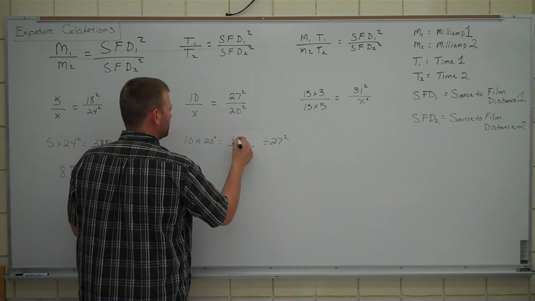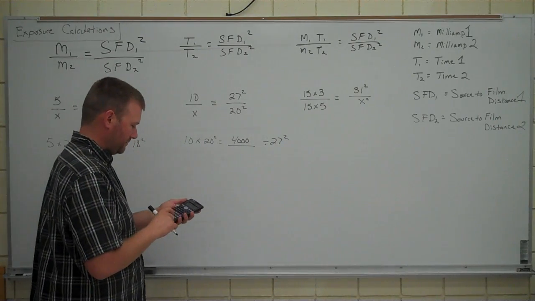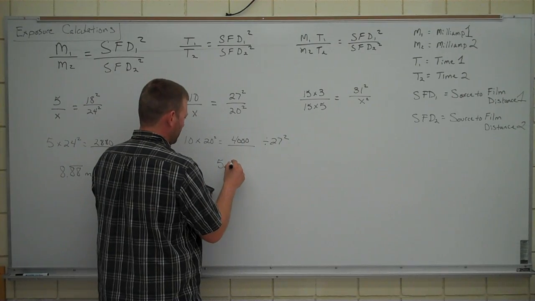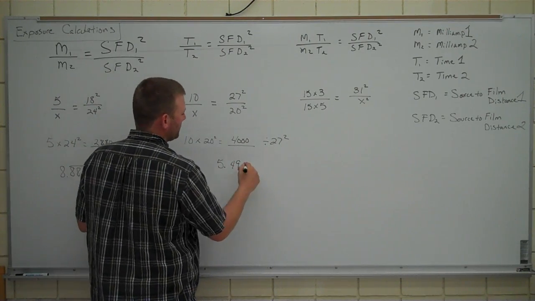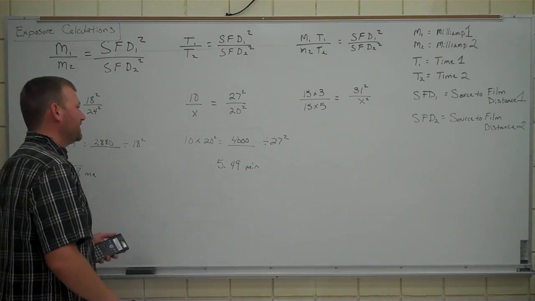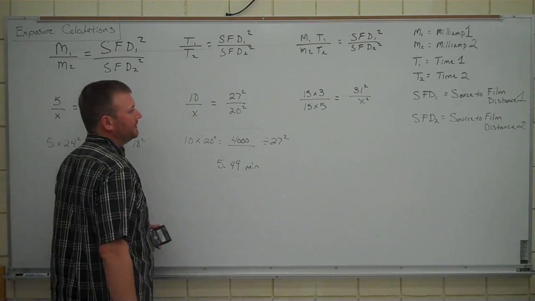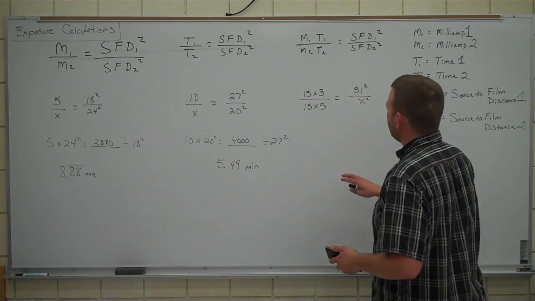That's 4,000 divided by 27 squared, which is 5.49 once you round that up, and that is going to be in minutes. It's time. Just for now we're going to say it's minutes. I should have written all that out, but you'll see that on your worksheet as you're working it. And by the way, these are all number 1 of each set.